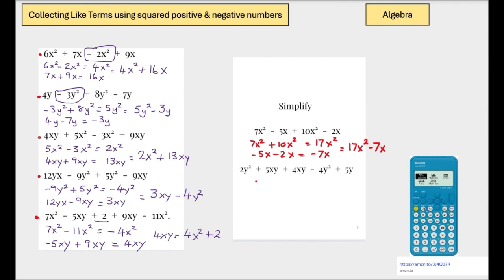Okay, this one has 1, 2, 3, 4, 5 terms in. Let's give it another go. So what have we got? Let's do our squares. We've got 2y squared minus 4y squared. That's it for them. Which gives us 2 minus is going to be minus 2y squared.